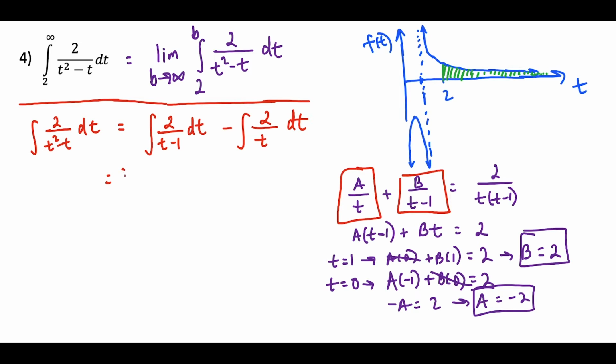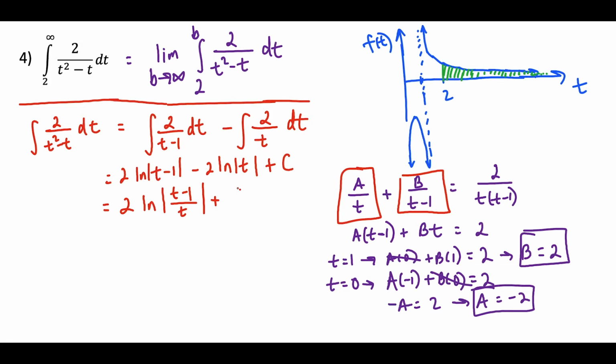And now this is going to give us 2 times natural log absolute value t minus 1 minus 2 natural log absolute value of t, and then we could write plus c at the end because we're writing this as an indefinite integral for now. So what we have is 2 natural log absolute value t minus 1 over t, because when we have logs attached by subtraction, same base, we could connect them by division.